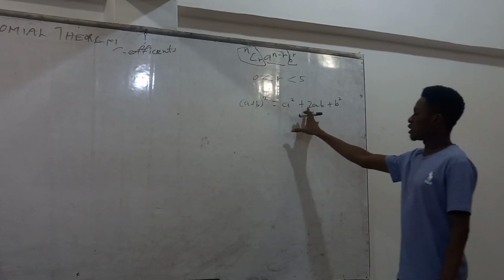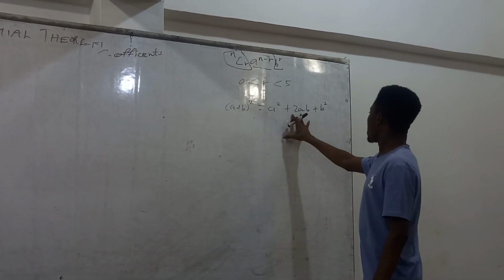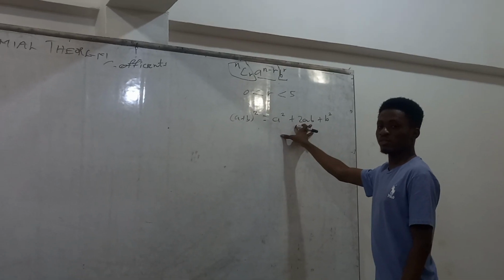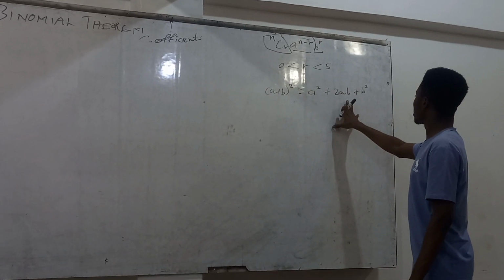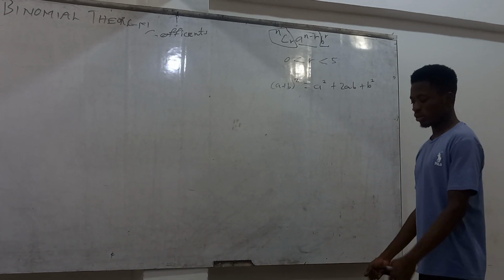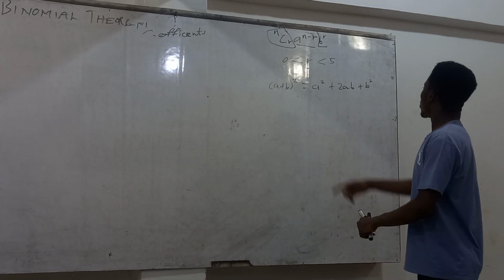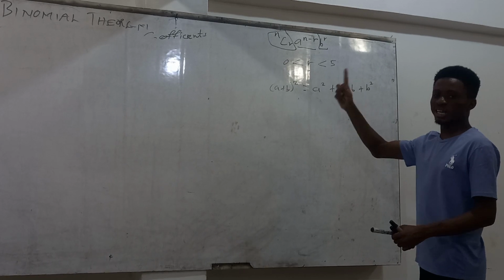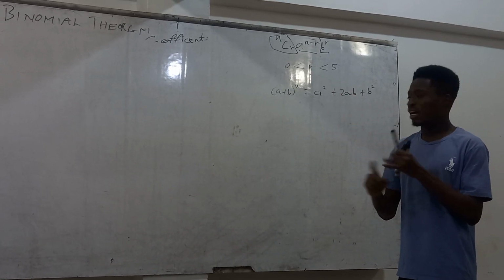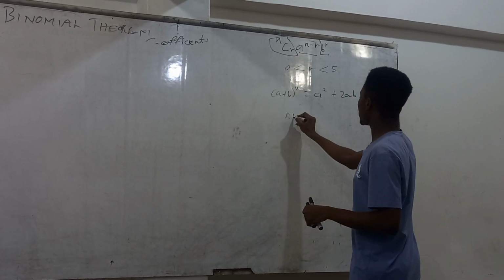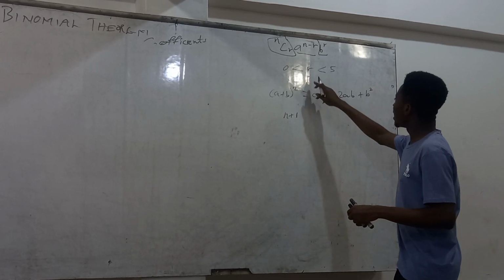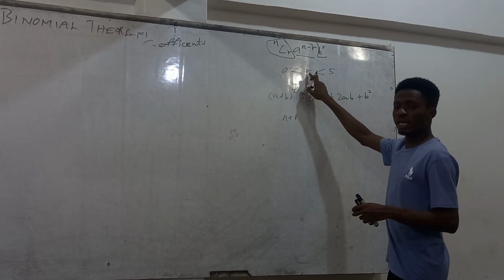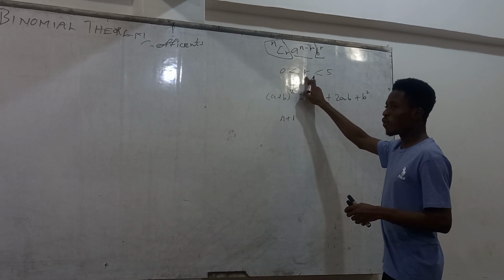So with this expansion, they're giving you this expansion, and they tell you to find maybe the second term. With this, you should know the number of terms. That's the first thing, and I told you the number of terms is n plus 1. And you should know the index number for each term.